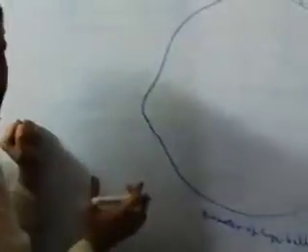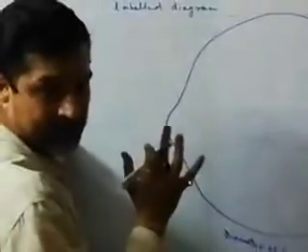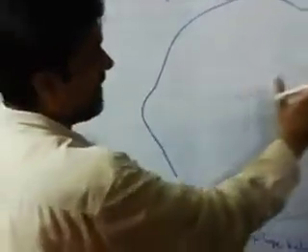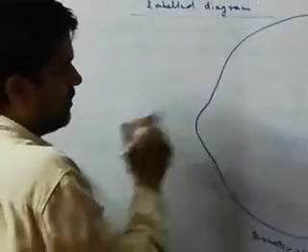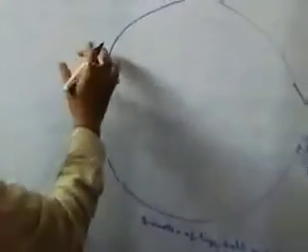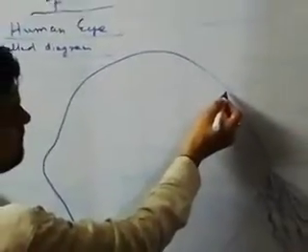In this 2.5 centimeter structure, there are all the things like retina, optic nerves, ciliary muscles, cornea, everything.